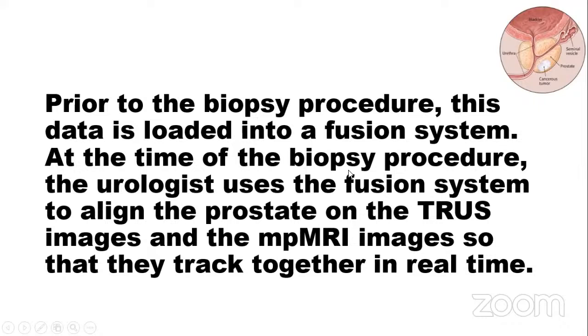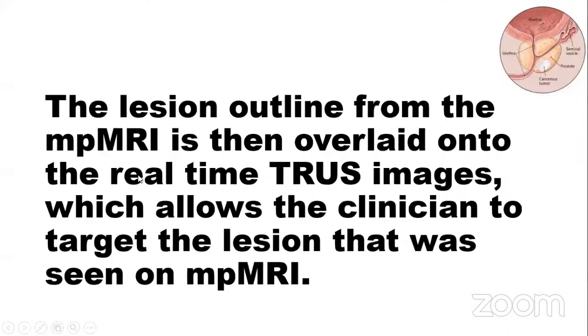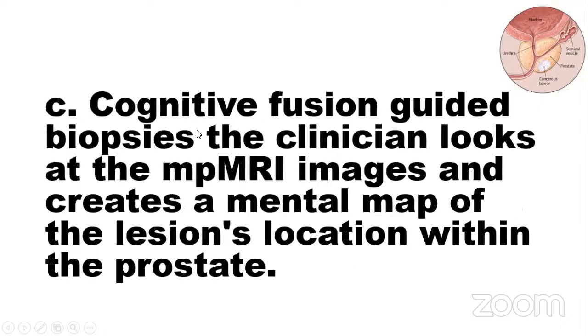At the time of the biopsy, the urologist uses the fusion system to align the prostate on the TRUS image and the multiparametric MRI image so that they track together in real time. The lesion outline from the multiparametric MRI is then overlaid onto the real-time TRUS image, which allows the clinician to target the lesions that were seen on the multiparametric MRI.